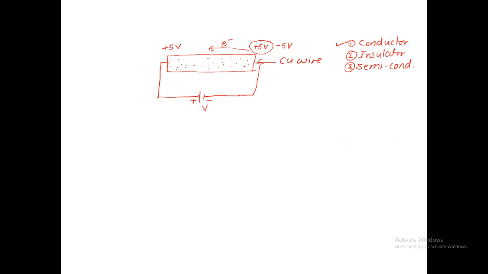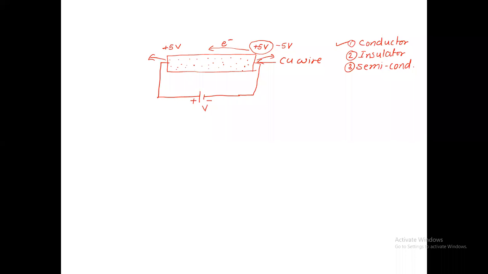So the positive terminal of the external battery is connected to one end of a copper wire. So this terminal acts as the positive potential terminal. The negative terminal of the external battery is connected to the other end of the copper wire. It is considered as the negative potential terminal.